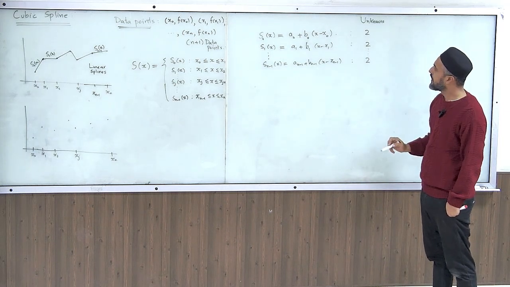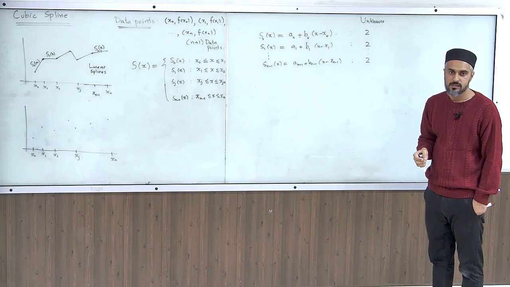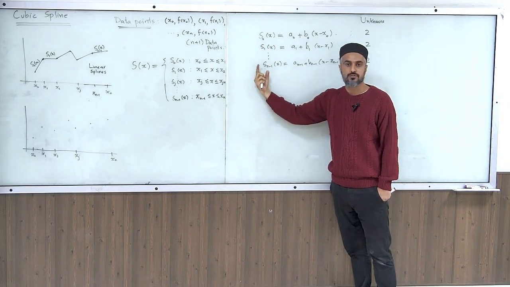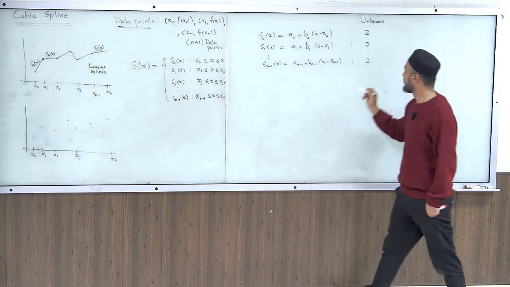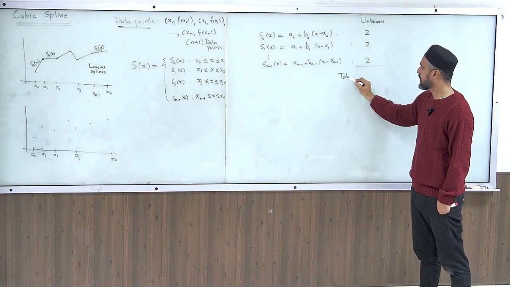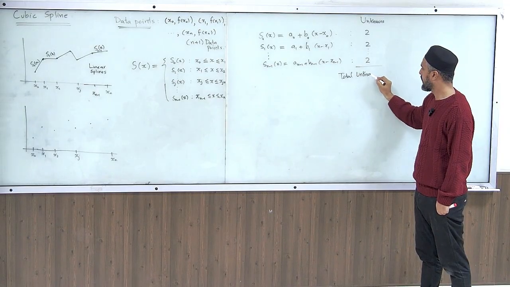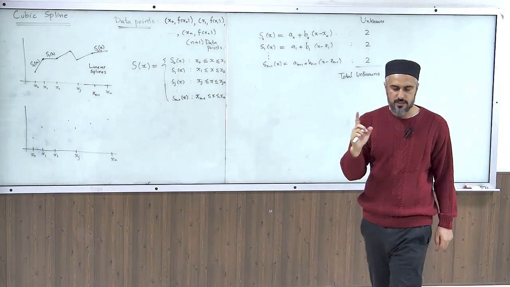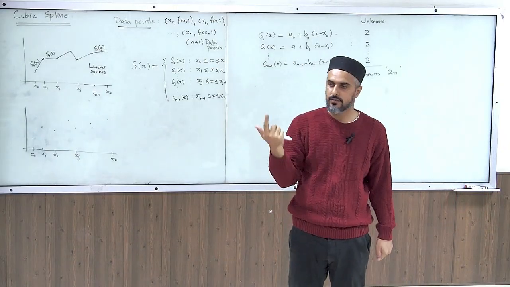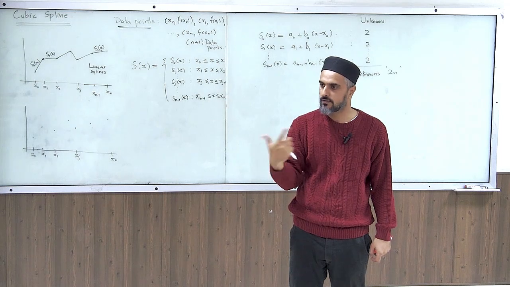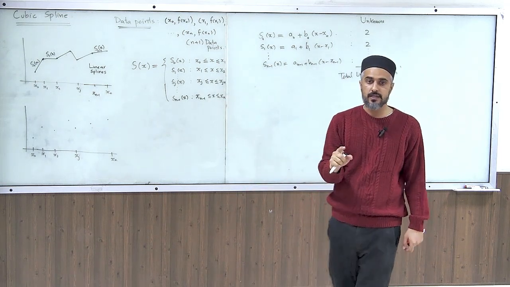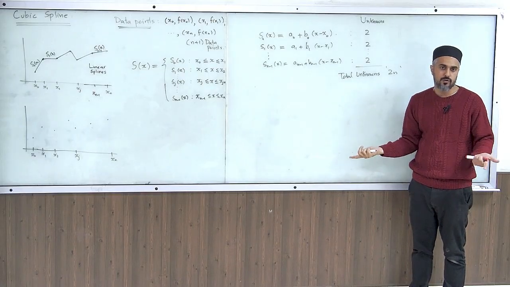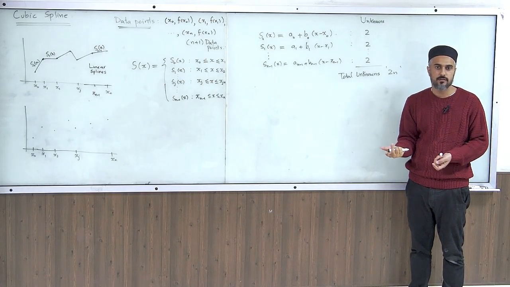How many total unknowns do we have? There are n such functions, so the total unknowns are 2n. If I have 2n unknowns, then I need 2n equations to solve them, because otherwise I may not be able to find a unique solution.